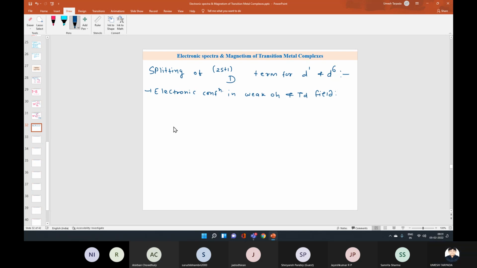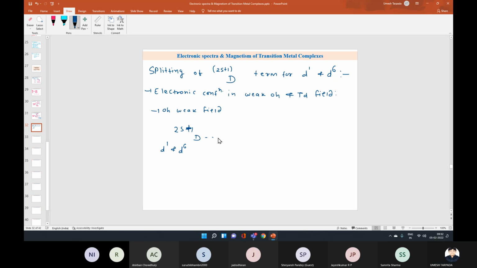For octahedral weak field, this is a D term. It may be d1 or d6, कोई भी है इसके लिए.